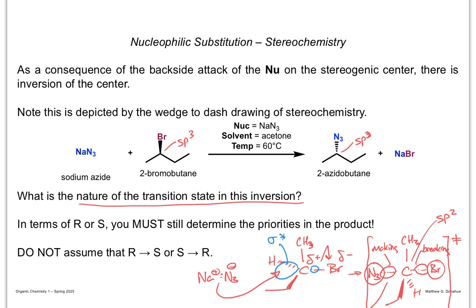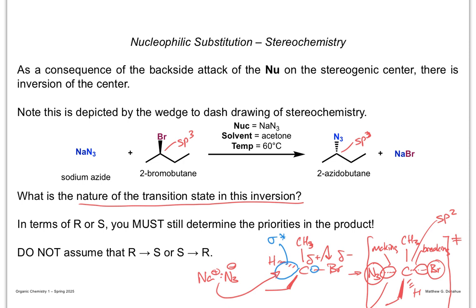We already learned that sp2 hybridized carbons aren't chiral. Those three substituents, methyl, ethyl, and H, see how they were all on the left side of the molecule? In the transition state, they're all in a plane because that sp2 hybridized carbon is trigonal planar.